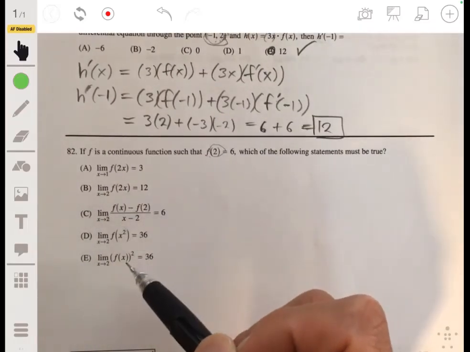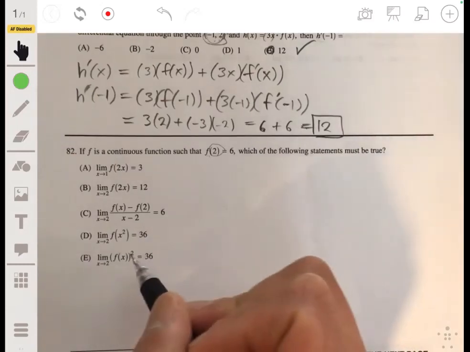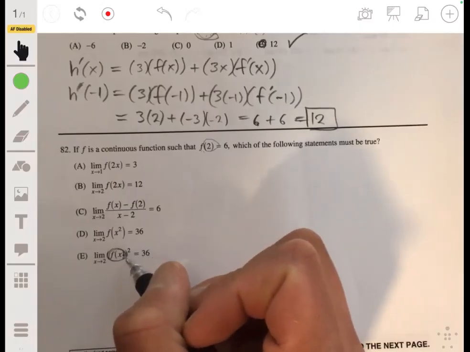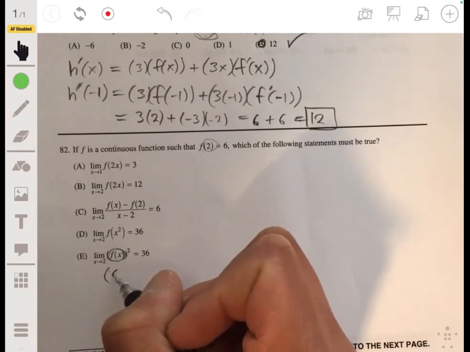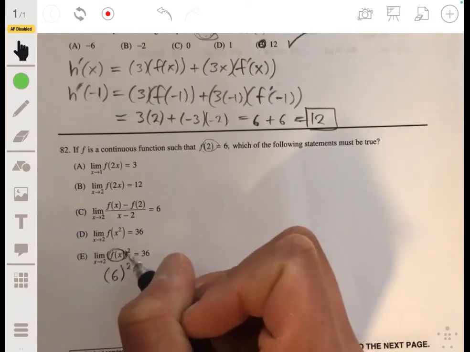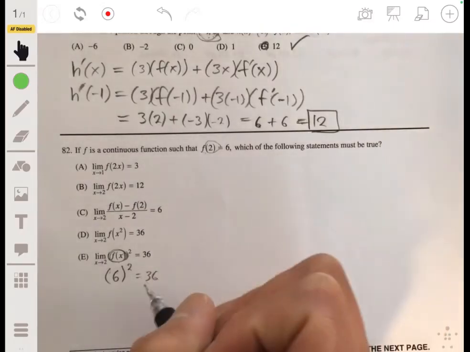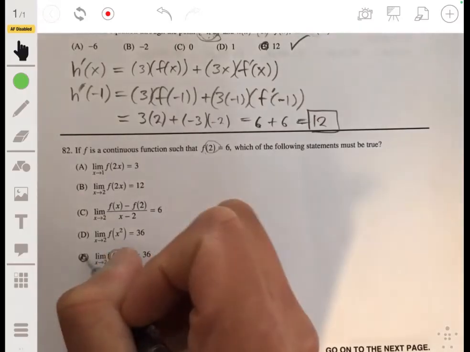Here we have the f of x isolated. So in there we just put in f of 2 is equal to 6. So 6 squared, 36. So we're taking f of 2. And so the answer is simply E.